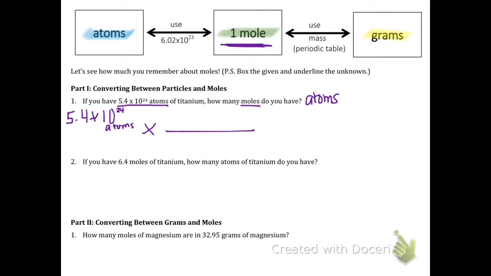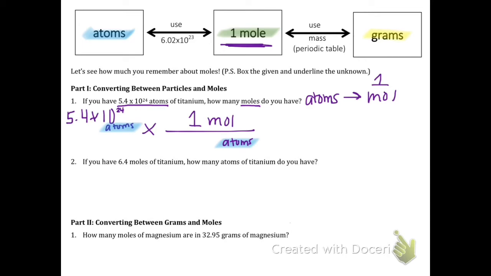Now remember, if you have atoms here, whatever goes on top must go on bottom. That is the rule. So you're going to write atoms down here on the bottom of the fraction. Then where were we going to go next? We're going to go to moles next, specifically 1 mole. It's always 1 mole.